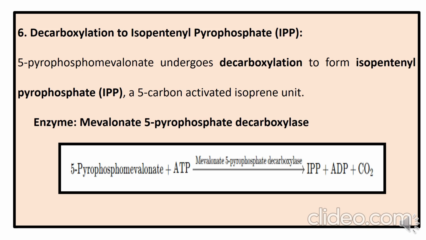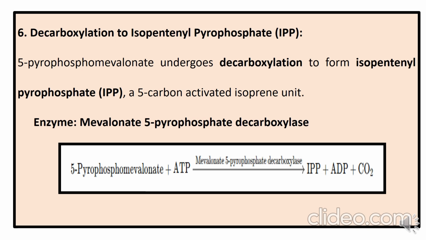Here the enzyme involved is mevalonate 5-pyrophosphate decarboxylase. So from the compound formed in the previous step, 5-pyrophosphomevalonate, we are removing carbon dioxide. Naturally the enzyme that removes carbon dioxide is a decarboxylase enzyme. So when the carbon dioxide is removed, we get IPP, which is isopentenyl pyrophosphate.